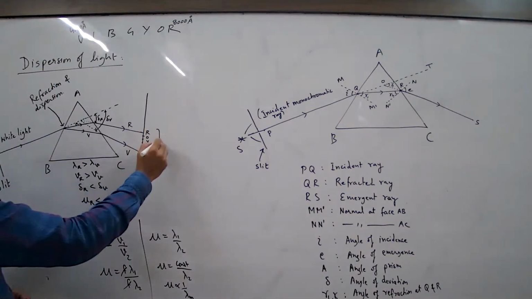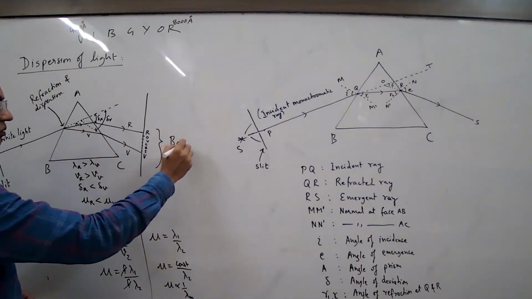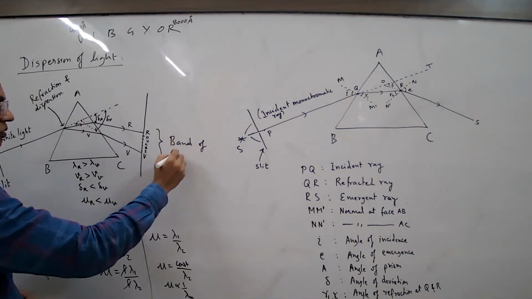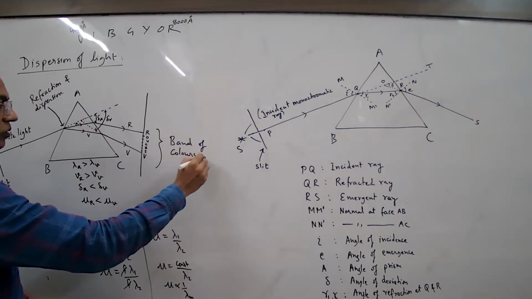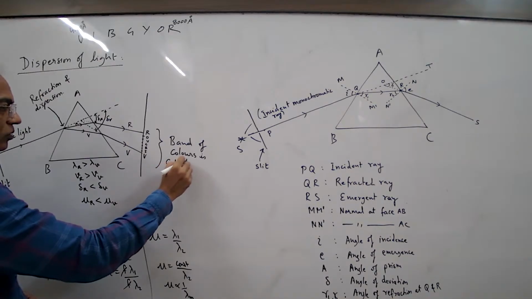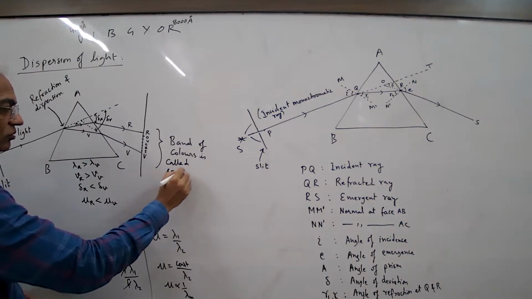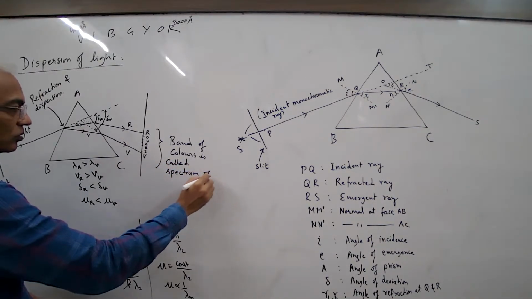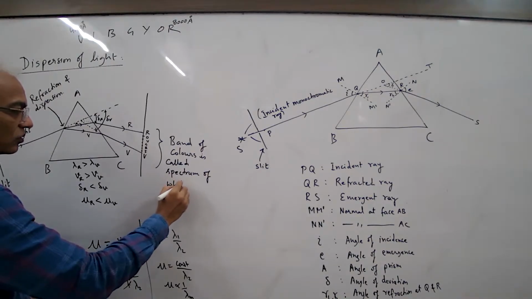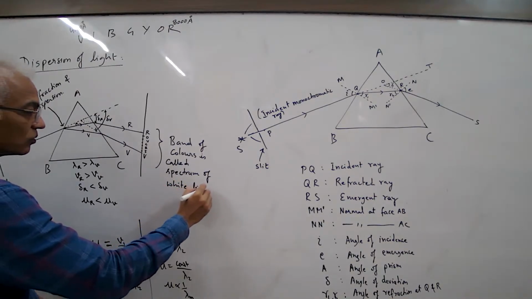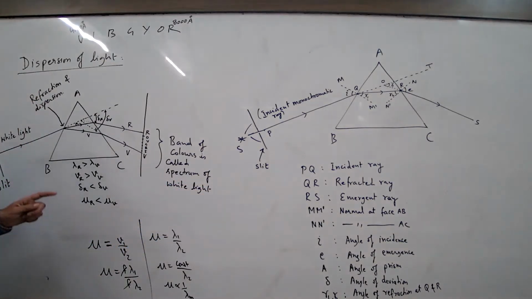And this band of colors is called spectrum of white light. So on face AB, refraction and dispersion is taking place.